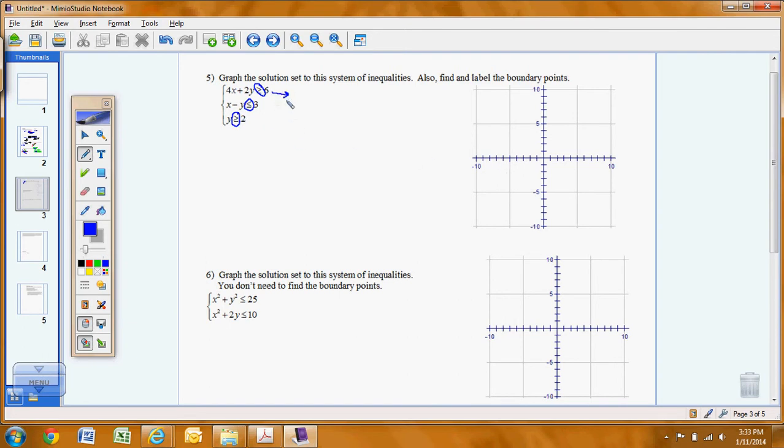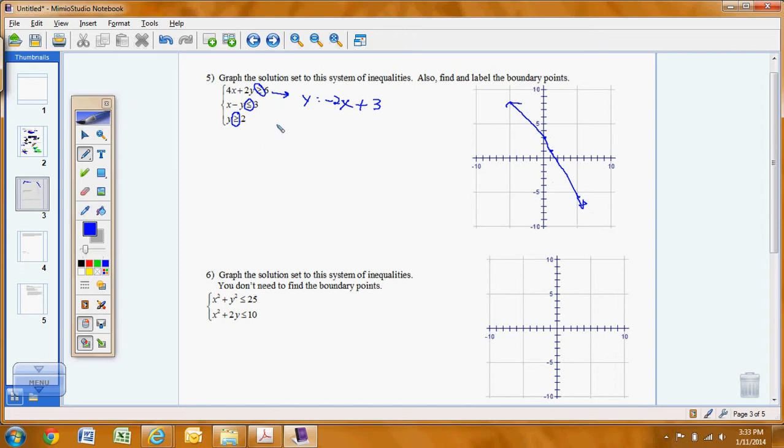So when we graph this first equation, to get y by itself, it would say y equals, if we subtract the 4 and divide by 2, we'll end up with negative 2x, right, plus 3. So if we graph that one, it's right here. It has a slope of negative 2, so down 2, and to the right 1, this is a negative slope. So there's our wonderful line. And then we're like, which side do we shade?